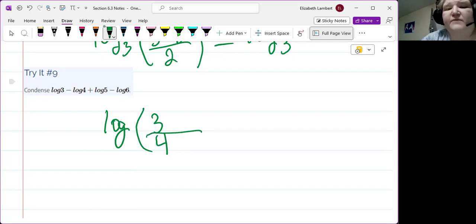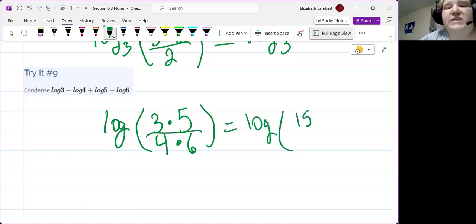Plus the log of 5. So that 5 is going to get multiplied on top. Minus the log of 6. So the 6 goes on the bottom. Multiplication between those two. And then log of 15/24.